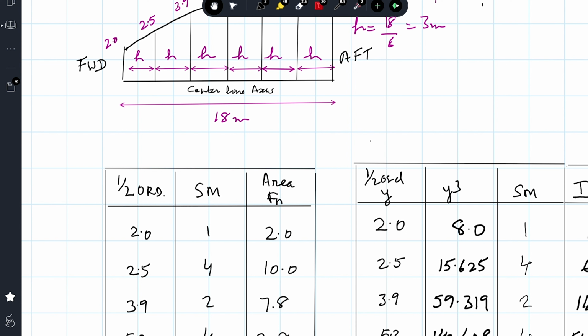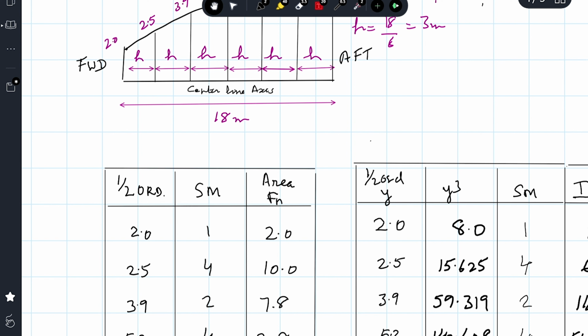The free surface correction is a part of transverse stability, as when the ship heels, the oil in the tank will flow to the lower side. So this is called transverse shift. That's why we need to find the transverse moment of inertia, which is always about the center line axis of the tank.